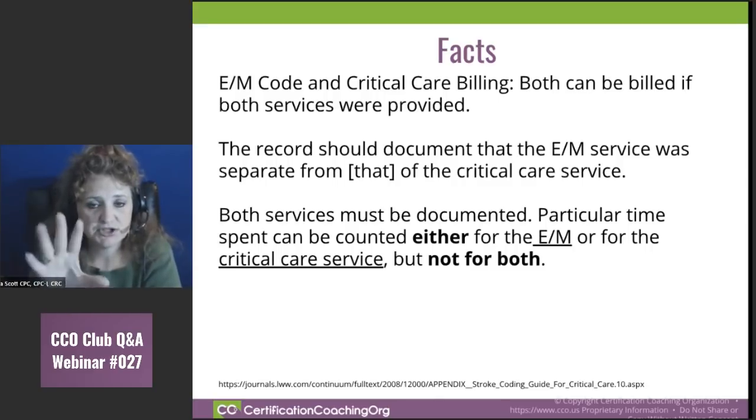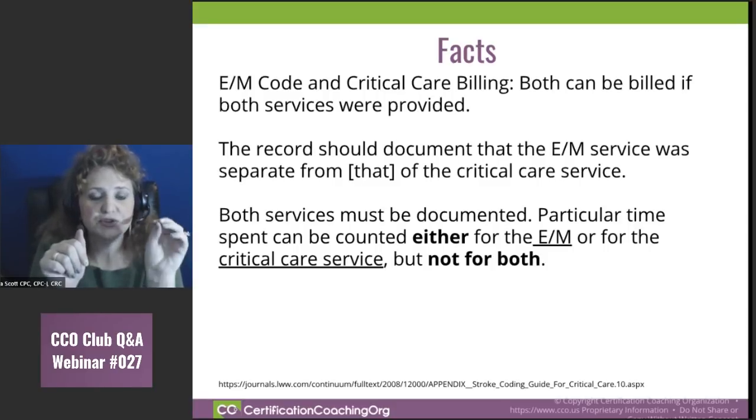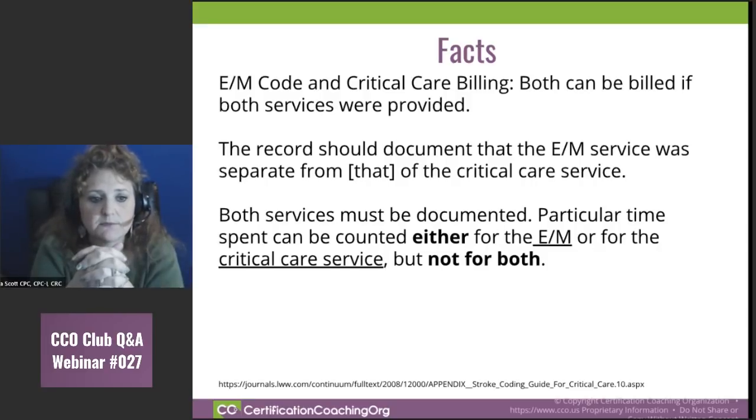We're going to talk about children in a little bit because those 2 codes are not always applicable for children. So heads up on that. So you can do the E&M code and you can also do critical care billing. But you have to make sure that there is documentation for both services.